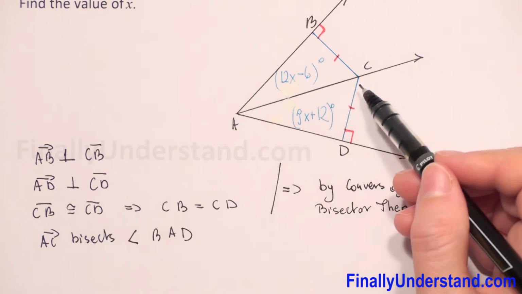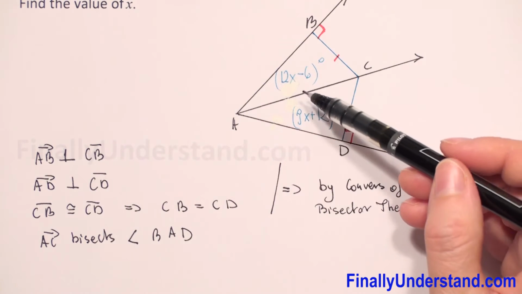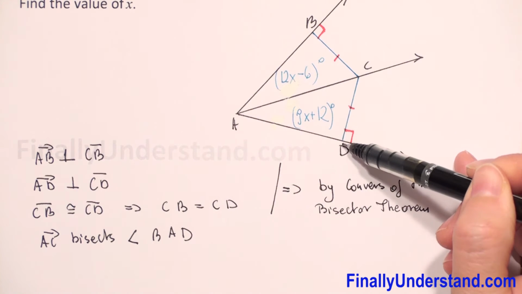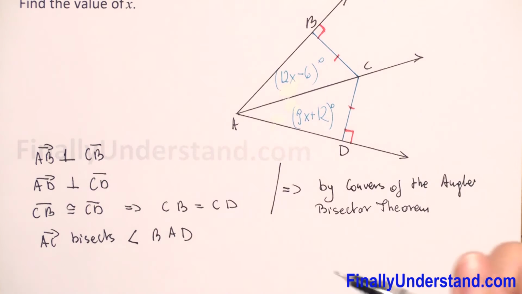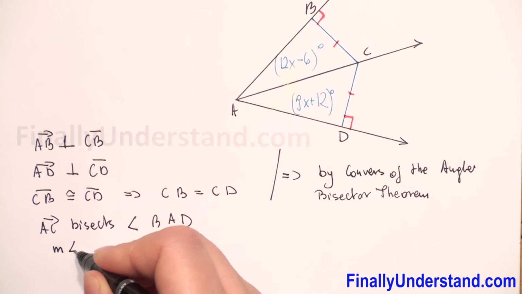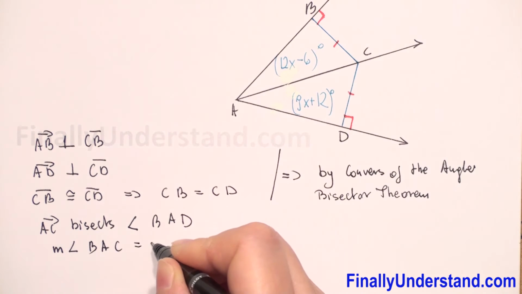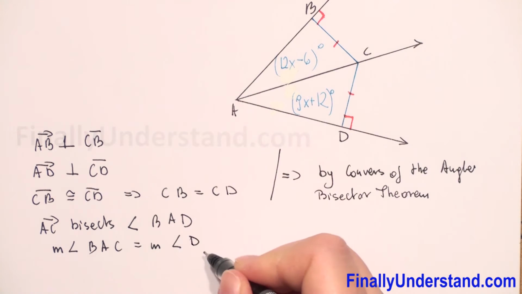So if AC bisects angle BAD, it means that the measure of angle BAC is equal to the measure of angle DAC. So from the converse of the angle bisector theorem, we have that the measure of angle BAC is equal to the measure of angle DAC.